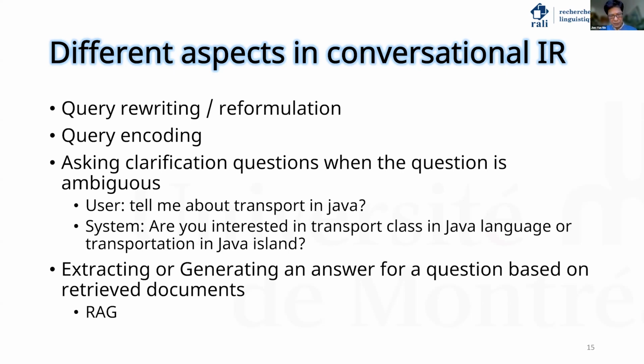There are also other aspects relating to the integration of retrieved documents into answer generation. And this is typically called RAG, retrieval augmented generation. In my talk, I'm going to talk about the first two aspects, query reformulation and query encoding. I know that many people are working on those other aspects as well.